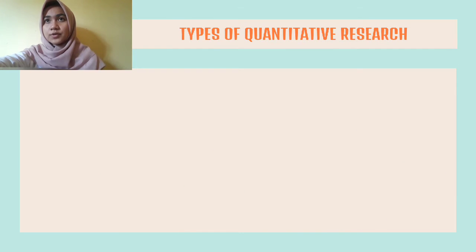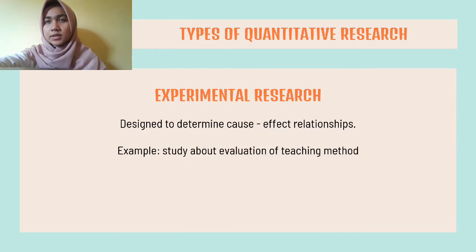There are two types of quantitative research. The first one is experimental research. This research is designed to determine cause-effect relationship. In this research, we study the effect or the impact of an approach under stringent and controlled conditions to make statement of causality.